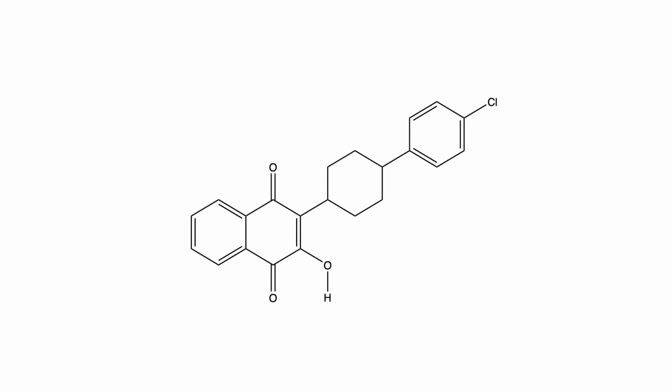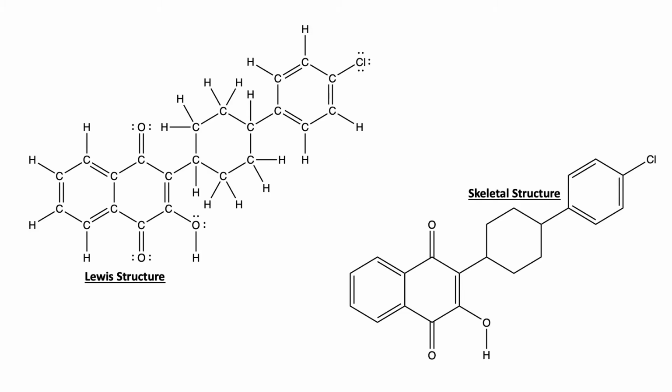Now, for those of you who don't understand chemistry very well, this is called a skeletal structure. Another way we'd also be able to interpret this would be as a Lewis structure. The difference between those two is that the Lewis structure shows us the carbons that are holding together in the rings, as well as the hydrogens that are attached to the carbons.